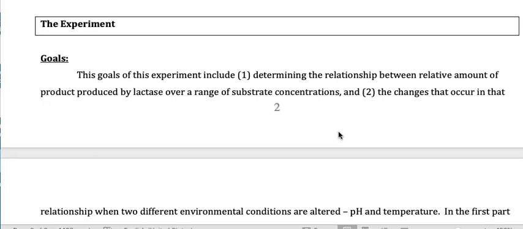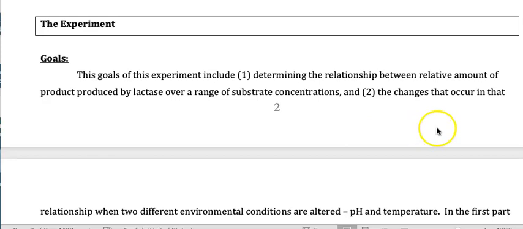Now that's an important thing to notice about our protocol. We're not going to determine the rate of product formation. We're simply going to look at the overall trend of how much product is formed depending upon how much substrate we give to the enzyme in the test tube.